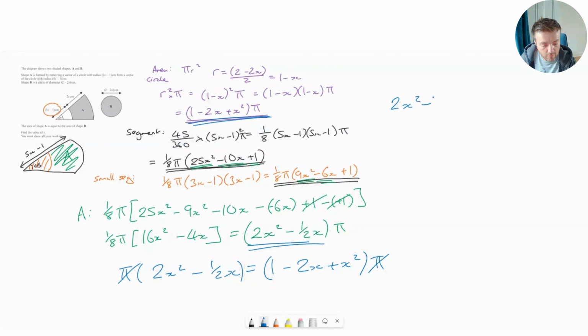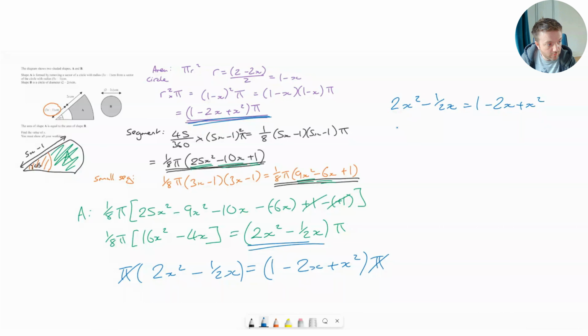Here we're going to have 2x squared minus a half x equals 1 minus 2x plus x squared. And we are going to have to take that away from both sides.